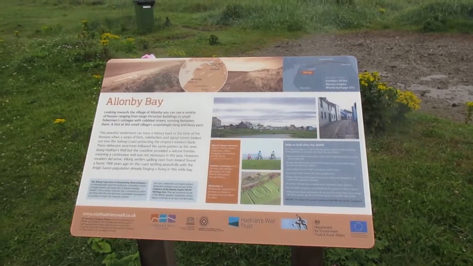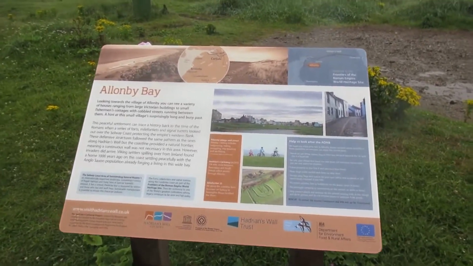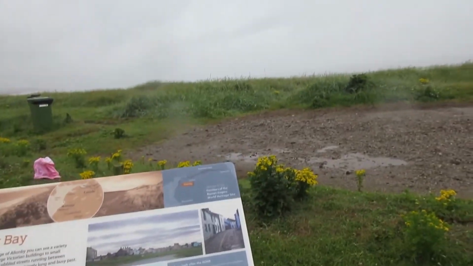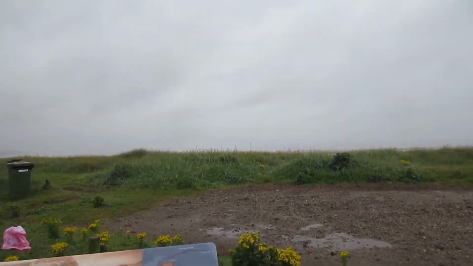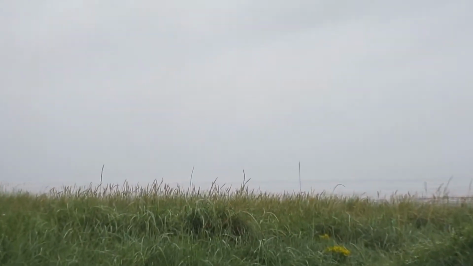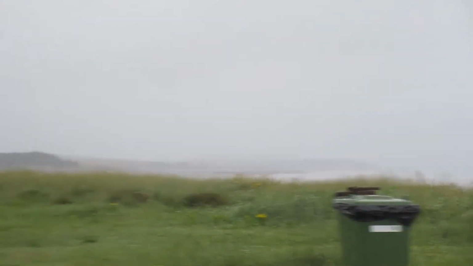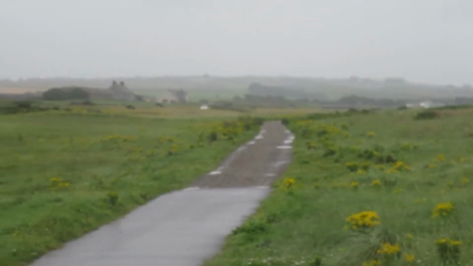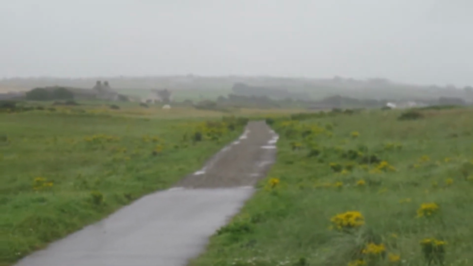At the side of the track there is a nice signboard telling us all about Allonby Bay, which is here. And our track goes into gravel a few yards further on.